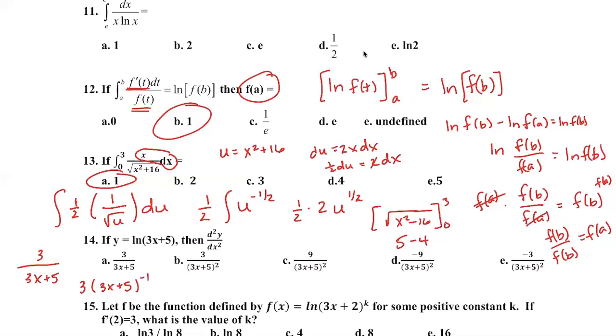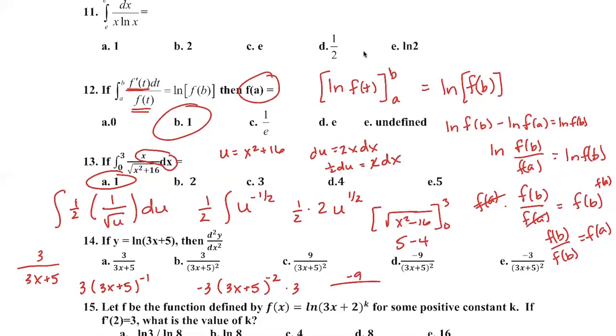If I take the derivative, then I'd have -3, leave the inside alone, raise it to the -2 times the derivative of the inside, which is going to give you -9 over 3x plus 5 to the second power.